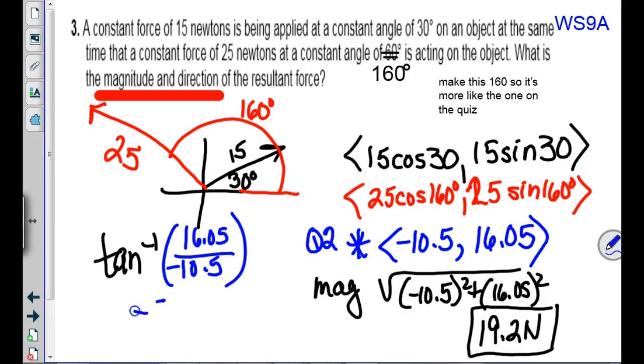And I got negative 56.8 degrees. Is that in quadrant 2? What do we have to do when it's not in the right quadrant? Just add 180, yep.